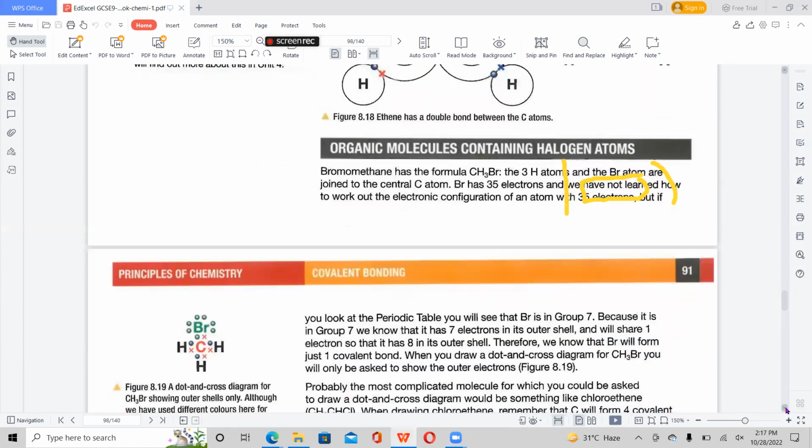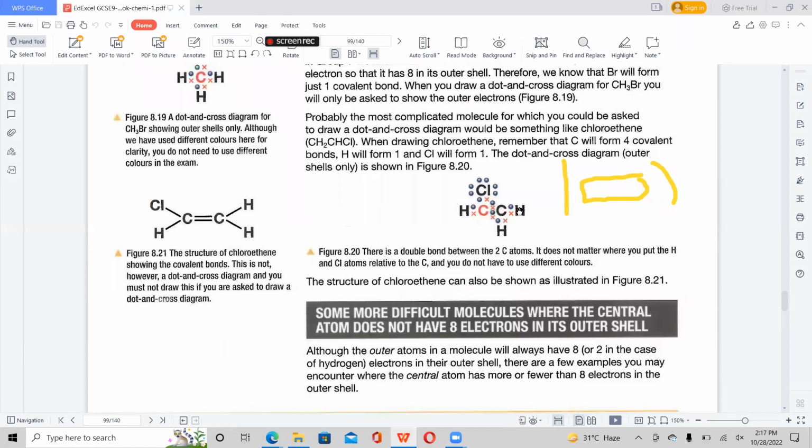Likewise, if you move ahead to organic molecules with halogens, the group 7 elements, they are definitely known for their electronegativity. We have already studied that carbon can share four of its electrons. Here there are two bonds between carbon and carbon atoms; one is shared with hydrogen, the other is shared with chlorine.